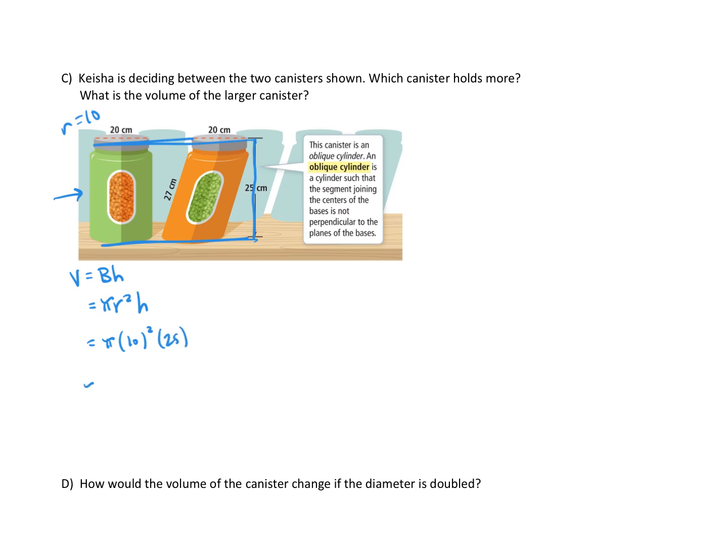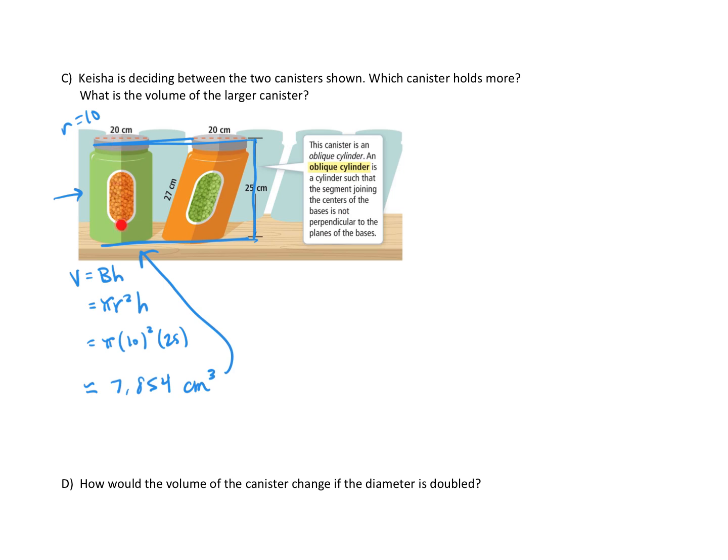If we calculate that out, we get about 7,854 centimeters cubed. So that is the volume for the first canister.